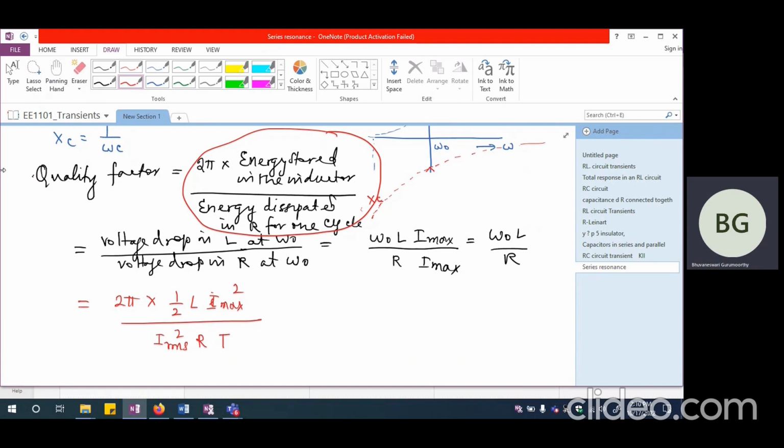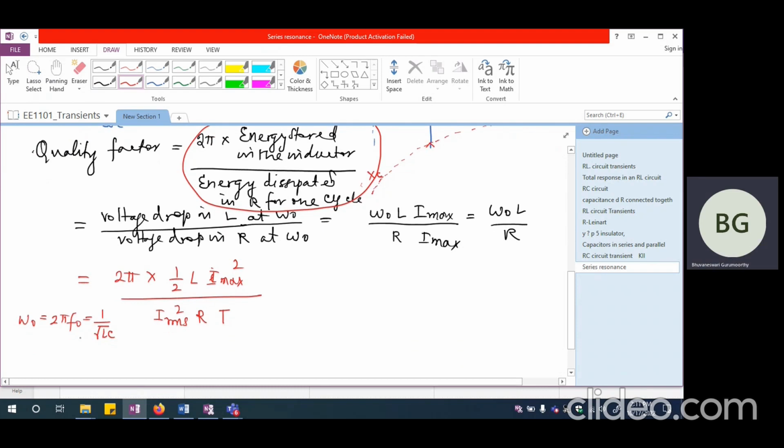And we already said that omega naught is equal to 2 pi F naught, which will be equal to 1 by root LC, from which I should be able to write 2 pi divided by T is equal to 1 by root LC.